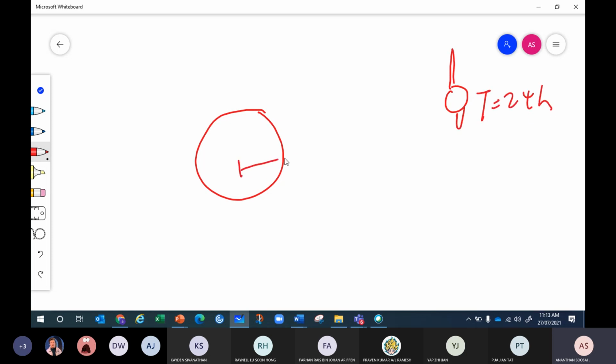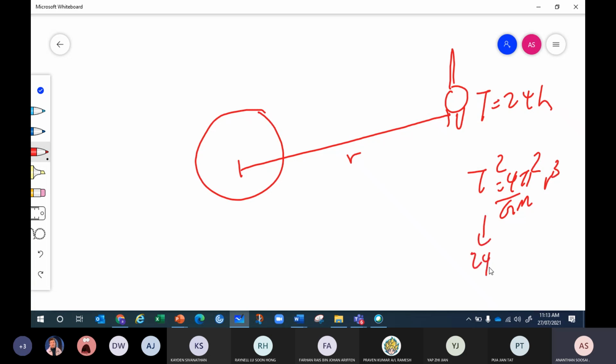This is the r you calculated from T squared equals 4 pi squared over GM times r cubed. You put T as 24 hours, change it to seconds, you get the r. The speed needed to be launched is v equals root of GM over r, with this r and the mass.